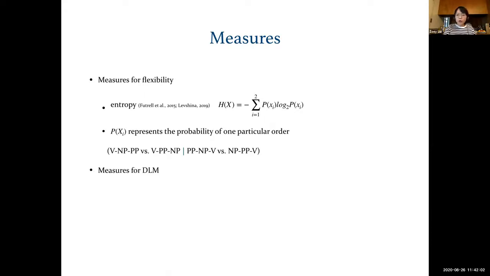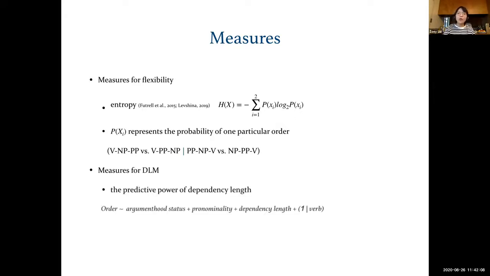Regarding measures for the effect of dependency length minimization, I approximated it as the predictive power of dependency length in predicting the order of the NP and the PP within a particular syntactic construction. To exclude the confound of other potential well-known factors, I also controlled for argument status and pronominality of both the NP and the PP, and the head verb in each instance was included as a random effect.